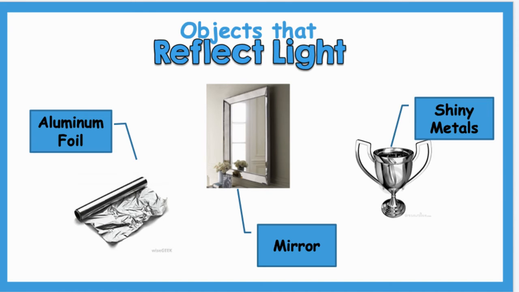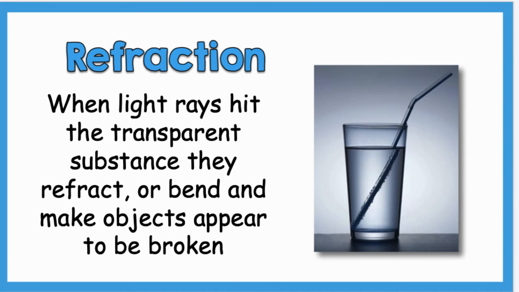So refraction is another one that we're going to talk about. Refraction is when light rays hit a transparent substance and they refract or bend. For example, you see the straw, when the light hits it, it appears that the straw is bending. Okay, so that's refraction.